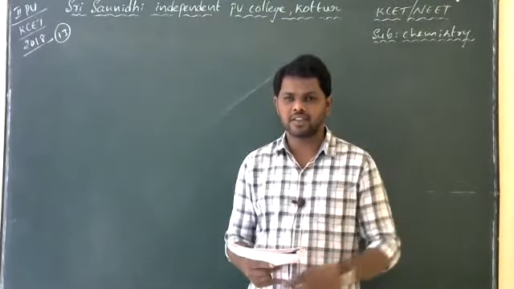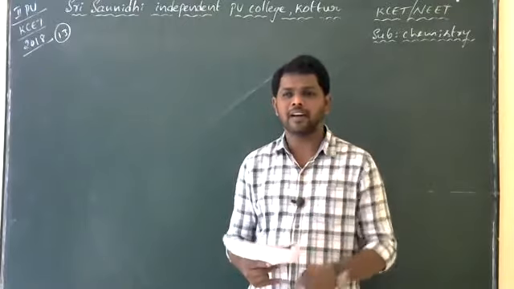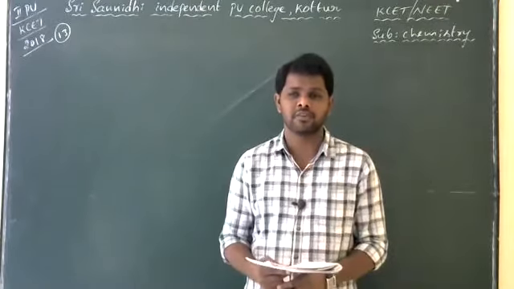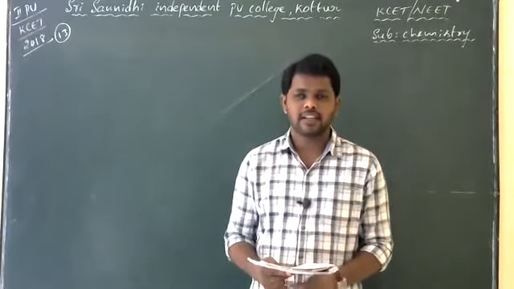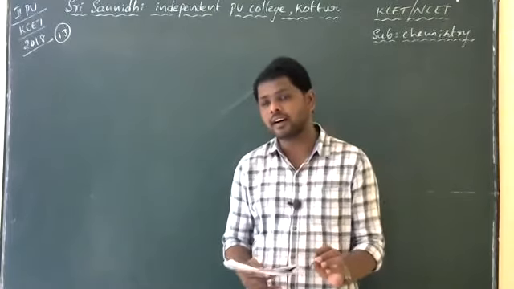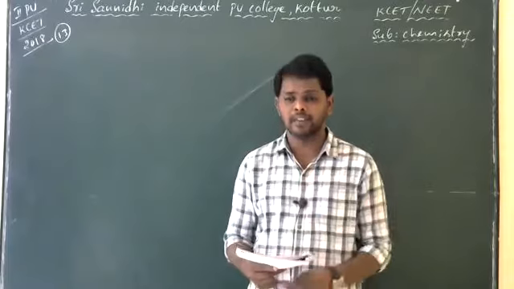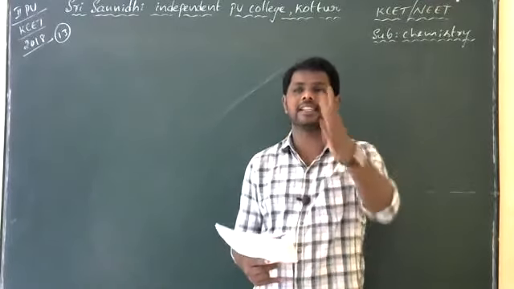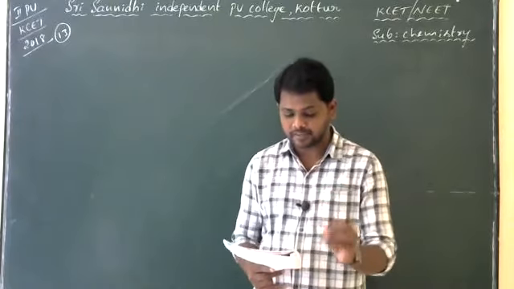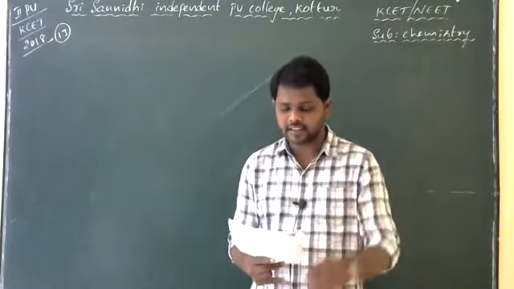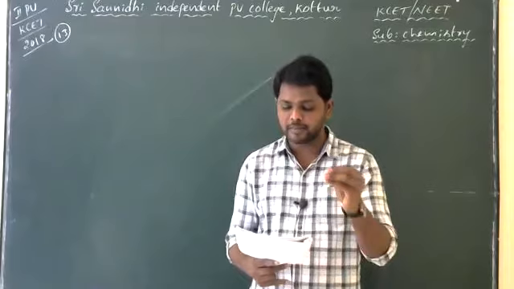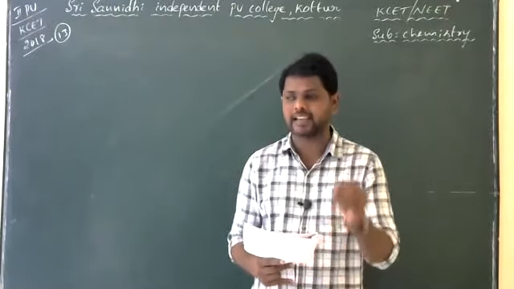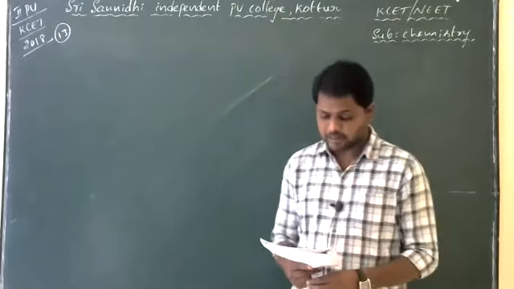So the molecularity is 2 but the order is 1 in a pseudo first order reaction. That's why the rate depends only on the concentration of the reactant present in excess. Option C is the right answer for this question: the value of rate constant of a pseudo first order reaction depends on the concentration of reactants present in excess.